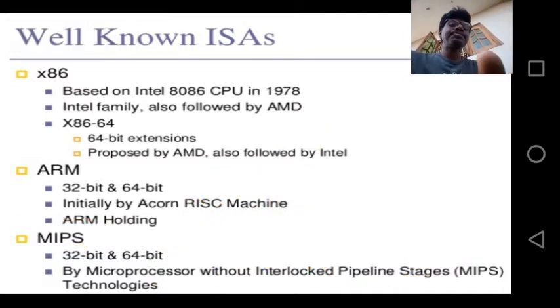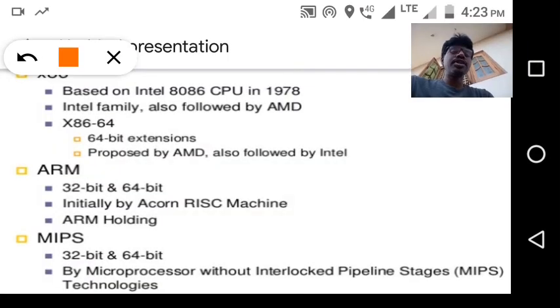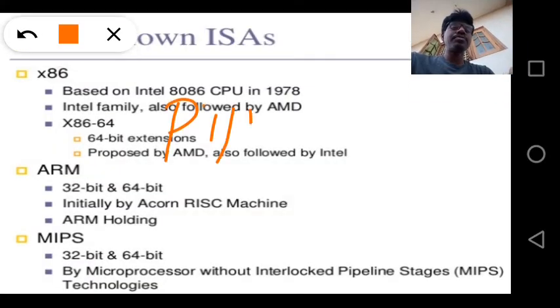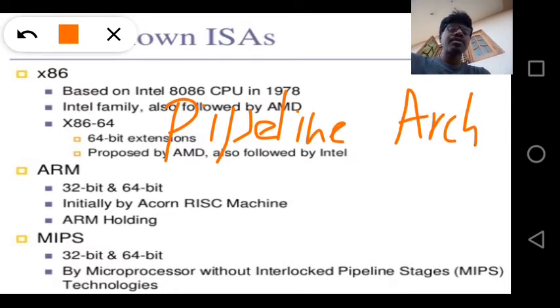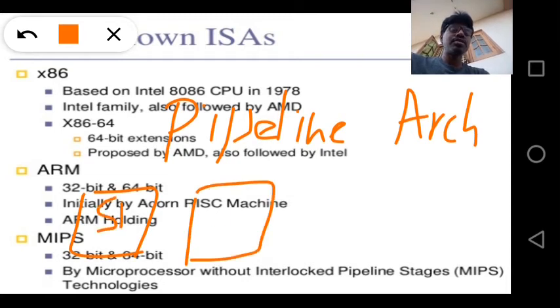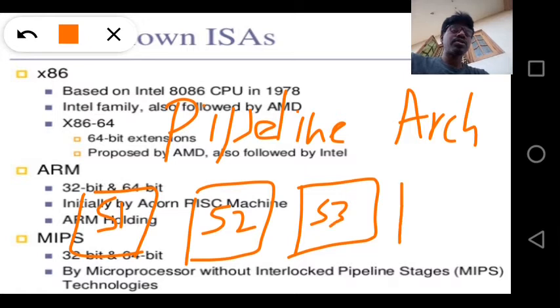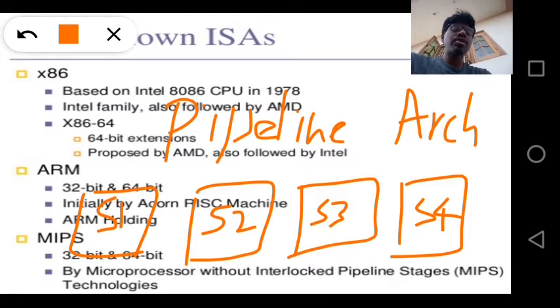That means if you remember the pipeline architecture, if we divide a work into some stages, stage 1, stage 2, stage 3, stage 4, you cannot lock any two stages.